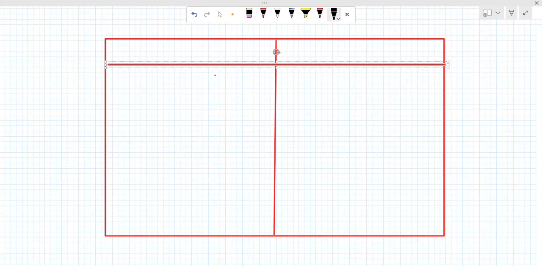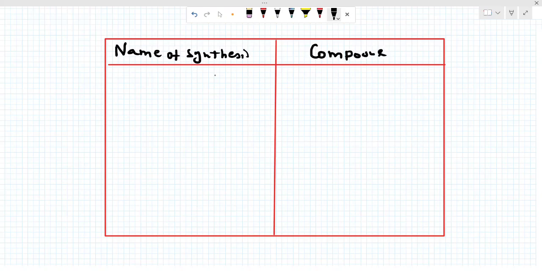This is the name of the synthesis, the name of the synthesis process for a compound. Okay. If you want to prepare pyrrole, what is the reaction? That is called Paal-Knorr synthesis. Paal, P-A-A-L, Knorr synthesis.